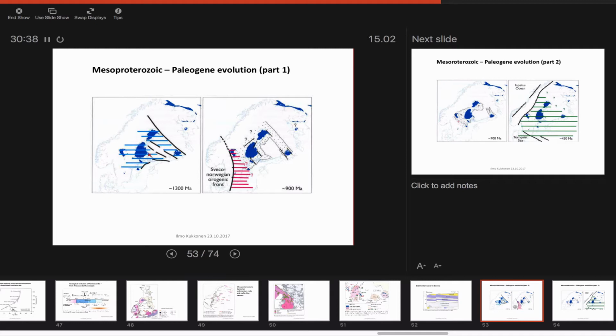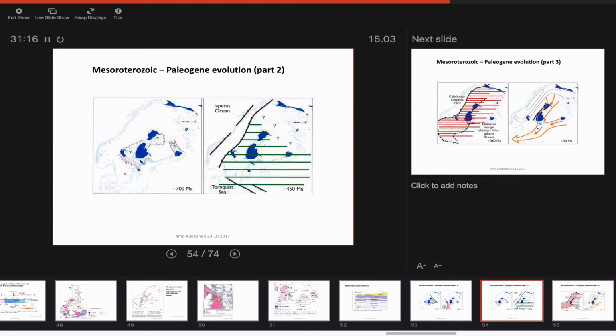Later there was the Sveco-Norwegian orogeny in southern Norway, with collisional events. This is also related to the Grenville orogeny in Canada, time-wise. As a result, you had an orogenic front, and probably a topographic uplift here. It could also have created some foreland sedimentation on top of these sediments, and we would have obtained more sediments on top of those Precambrian sandstones.